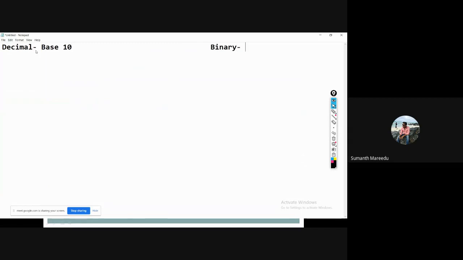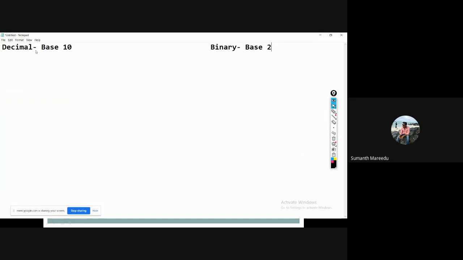Binary representation means base 2. That means any number can be represented with 10 digits, that is 0 to 9. That representation is called decimal representation.